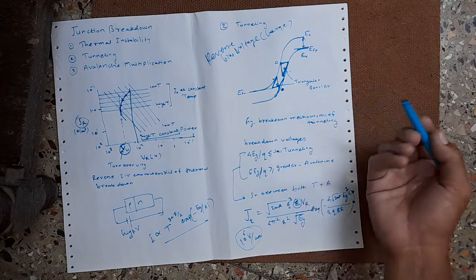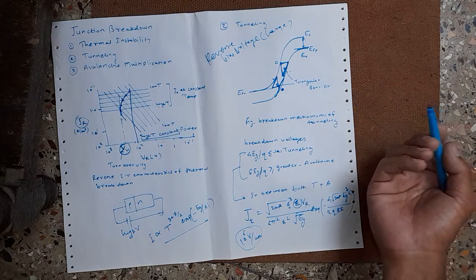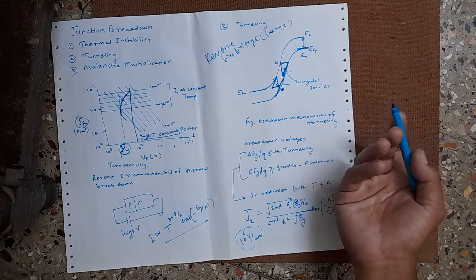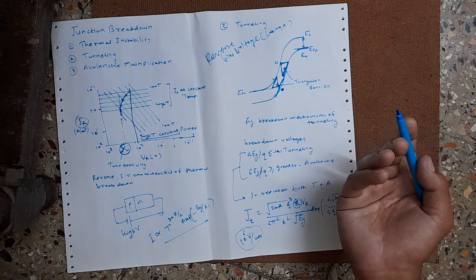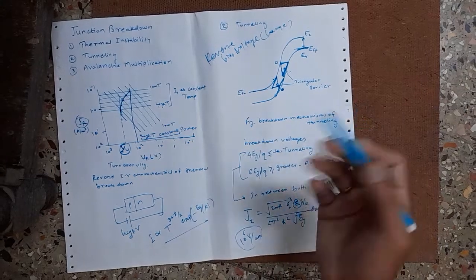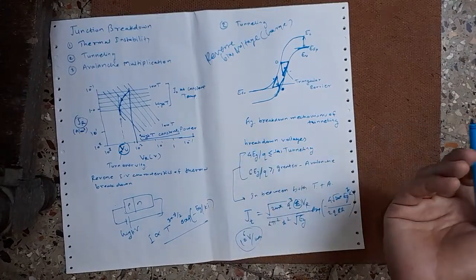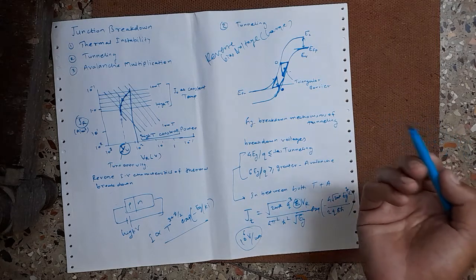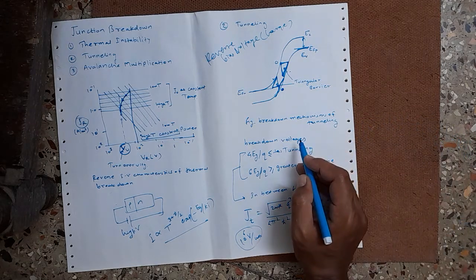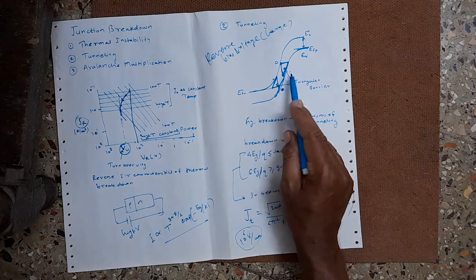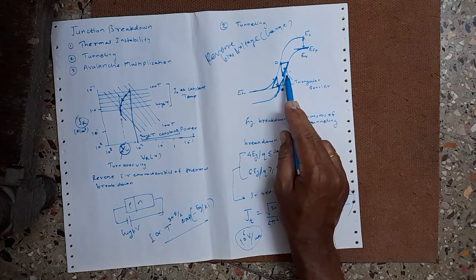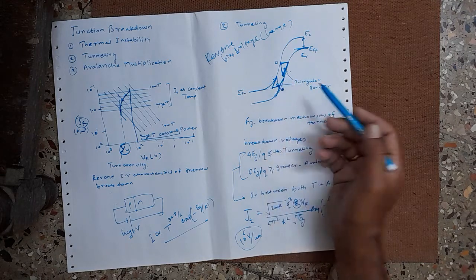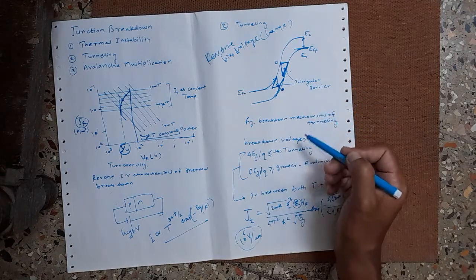The junction has to be heavily doped on either side, whether it is the p side or the n side, both sides should be highly doped.